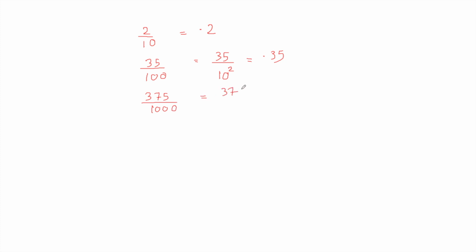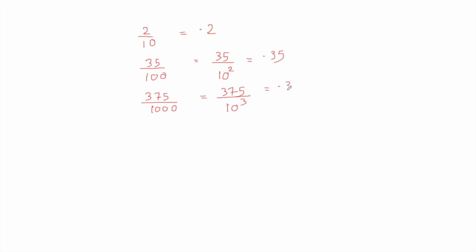First I am writing the example of 2 by 10. 2 by 10 we know is 0.2. 35 by 100, again I can write as a power of 10, 100 is 10 square. It's 0.35. 375 by 1000, this is 375 by 10 cube.